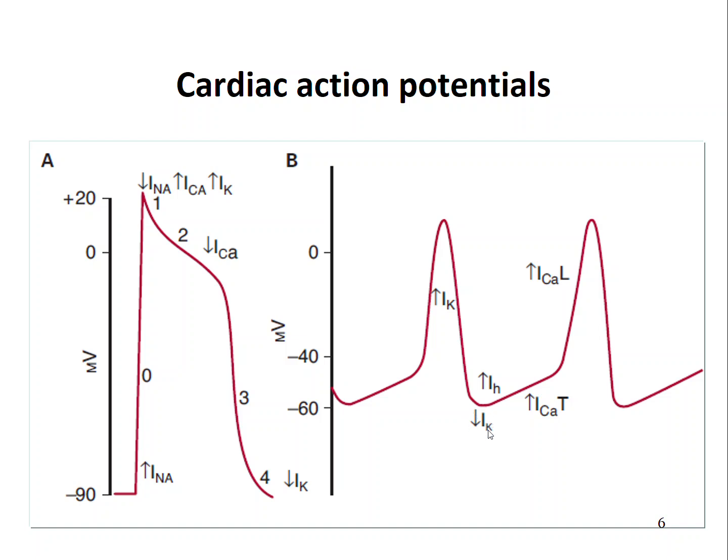Remember, first, lower permeability to potassium, higher permeability to sodium, which we call funny currents, and high permeability to calcium through the transient calcium channel. These three ionic conditions make the cell depolarize. When the cell reaches the threshold, another kind of calcium channel, which we call the L-type calcium channel, will open.